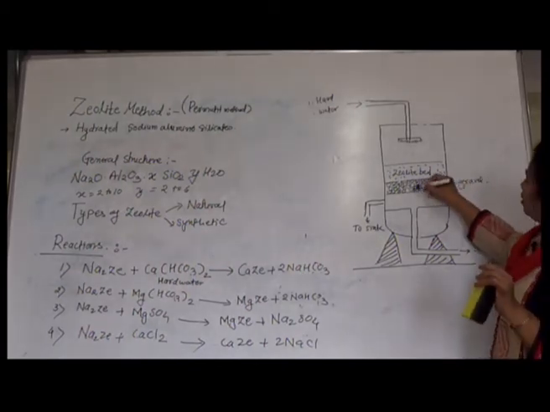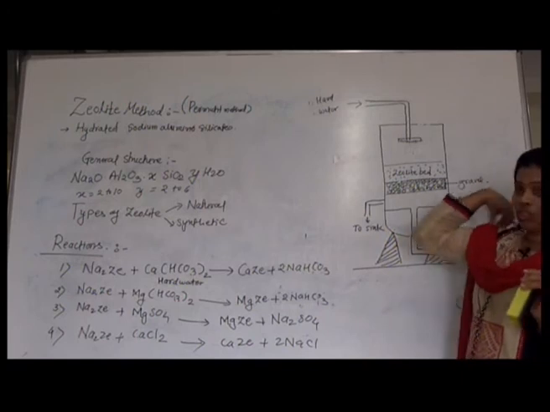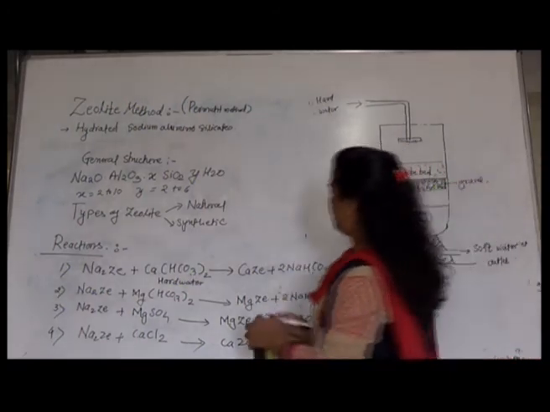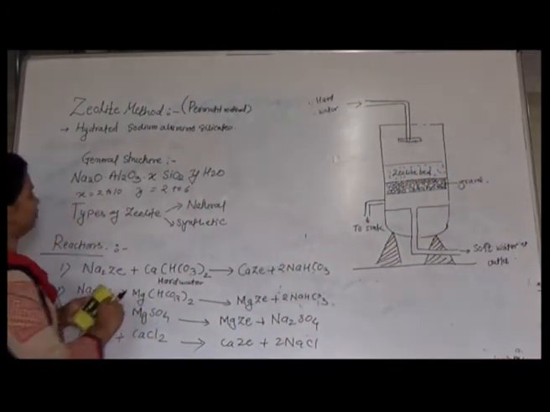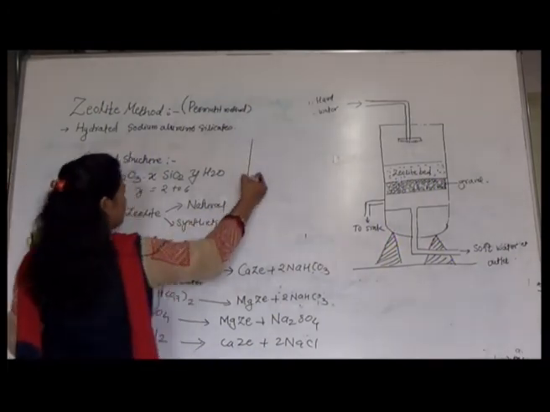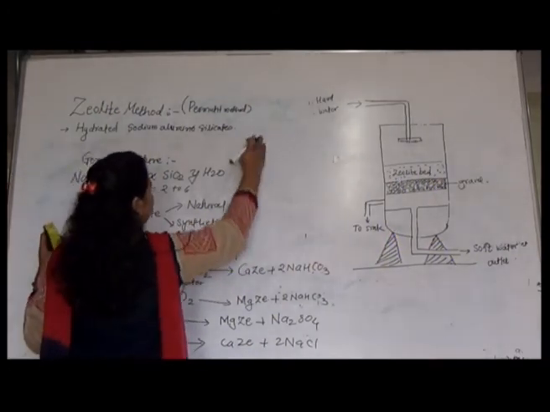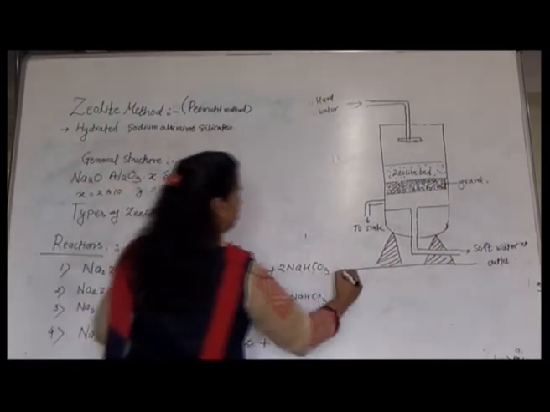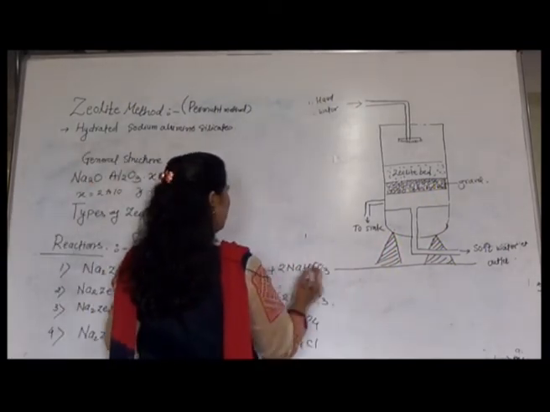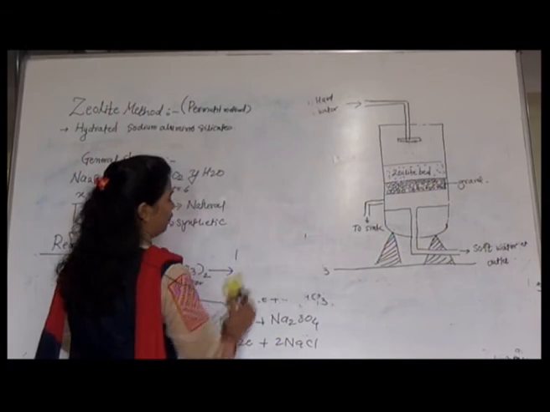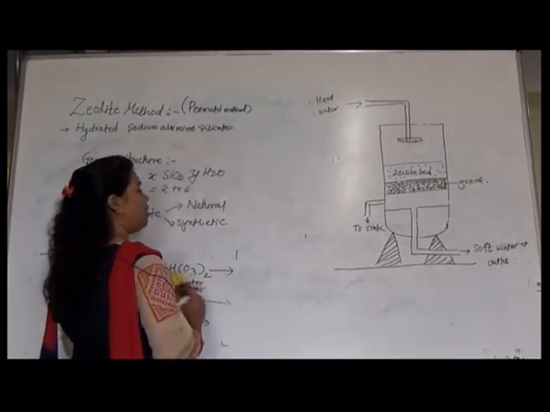Now regeneration of zeolite bed. The next part is the regeneration part. So in this regeneration part we require 10% brine solution.